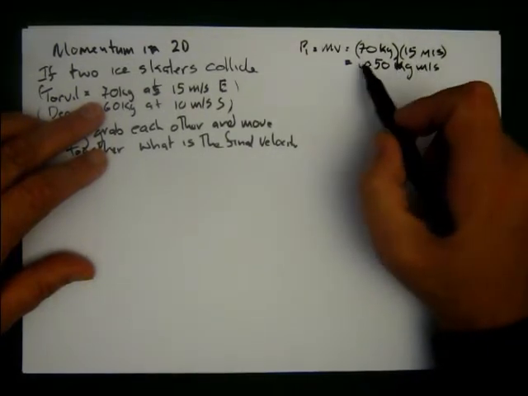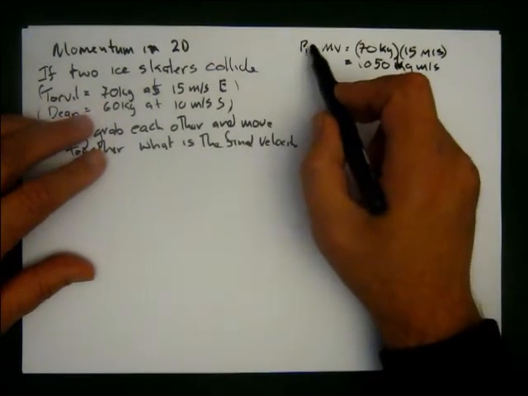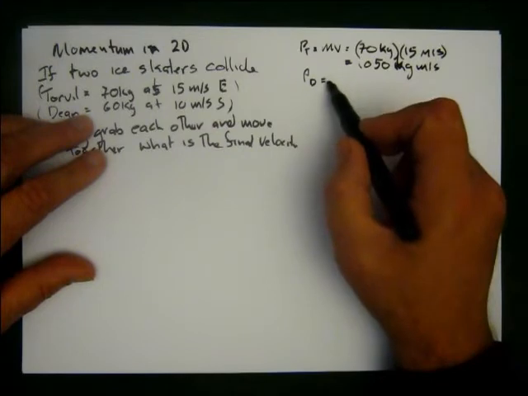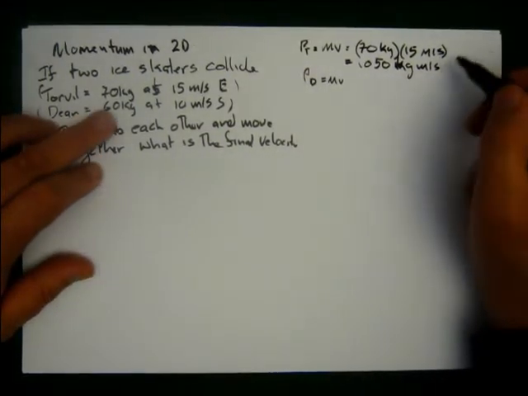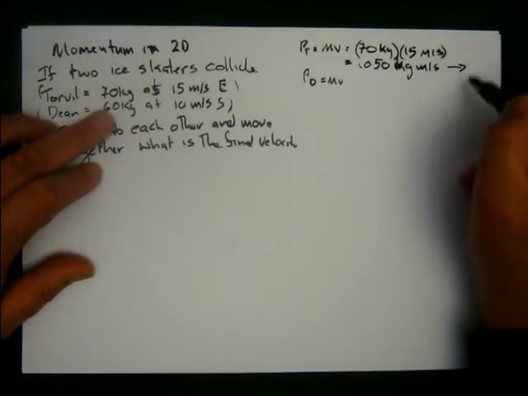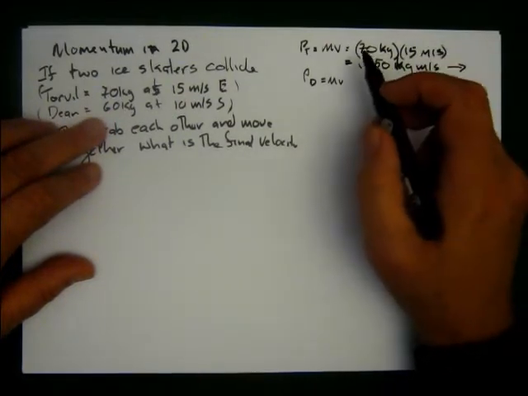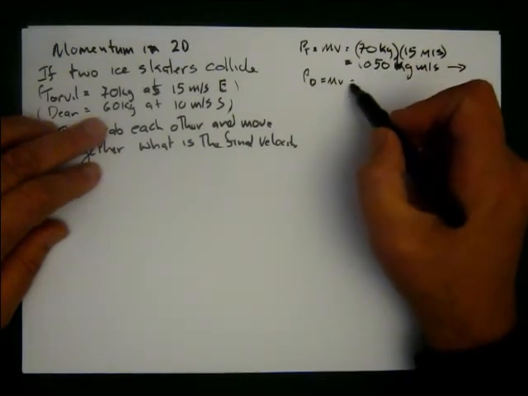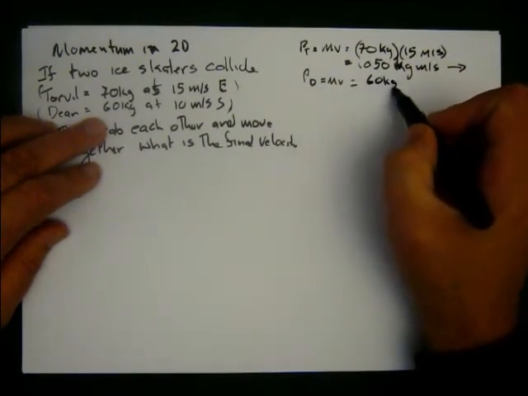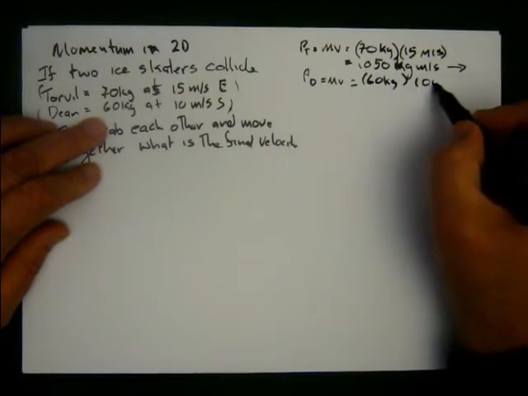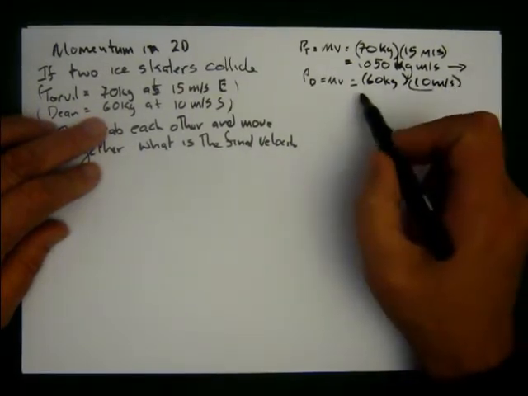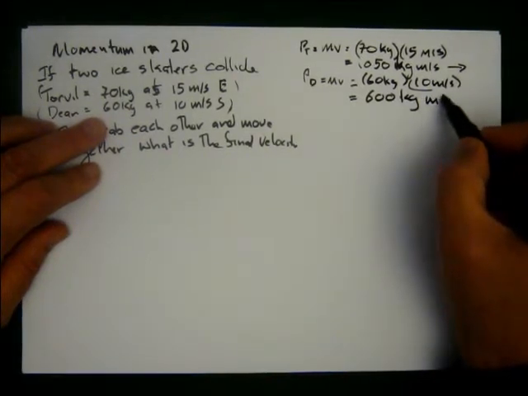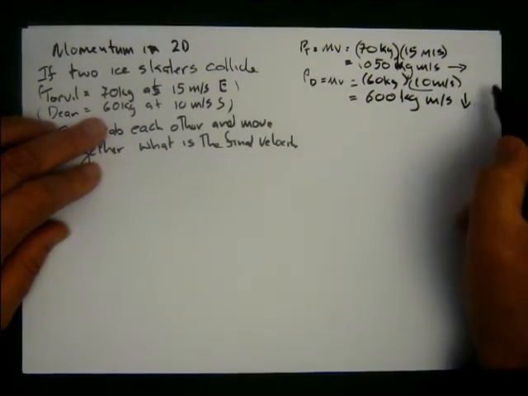Okay, that's cool. The momentum of Dean is going to equal 60 kg times 10 meters per second equals 600 kg meters per second south.